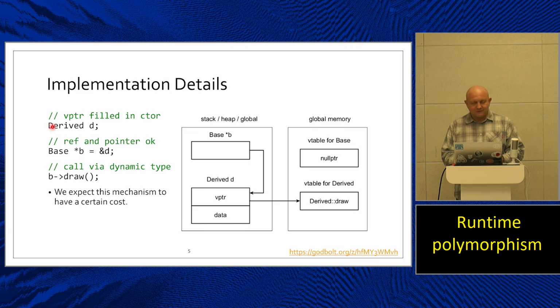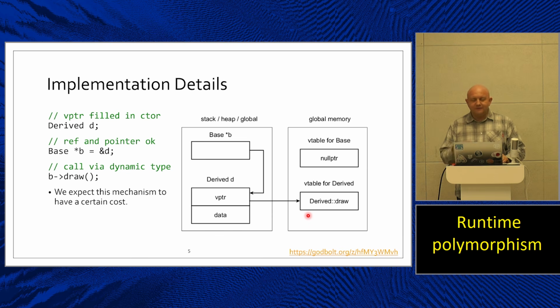When an object of the derived class, say D, is constructed, the compiler initializes a hidden pointer, the so-called VPTR, virtual table pointer. That pointer refers to a virtual table corresponding to the dynamic type of the object.